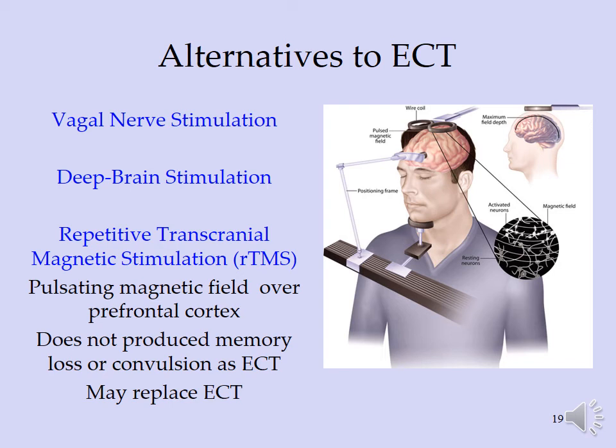And this seems to have a similar ability to relieve depression as ECT, but without producing memory loss or convulsions. So far, the most severe side effect reported seems to be maybe a mild headache for a few hours after the treatment. So this looks very promising. Someday it may replace ECT.